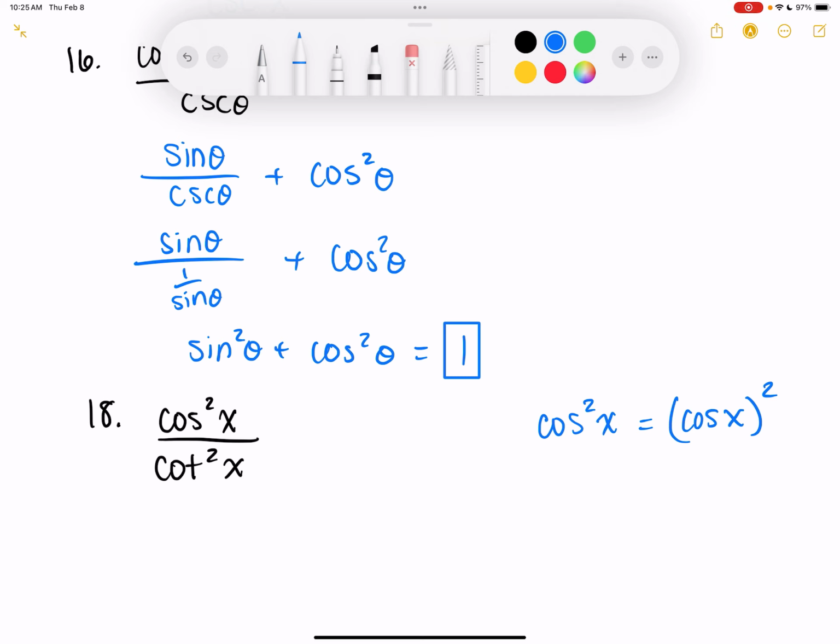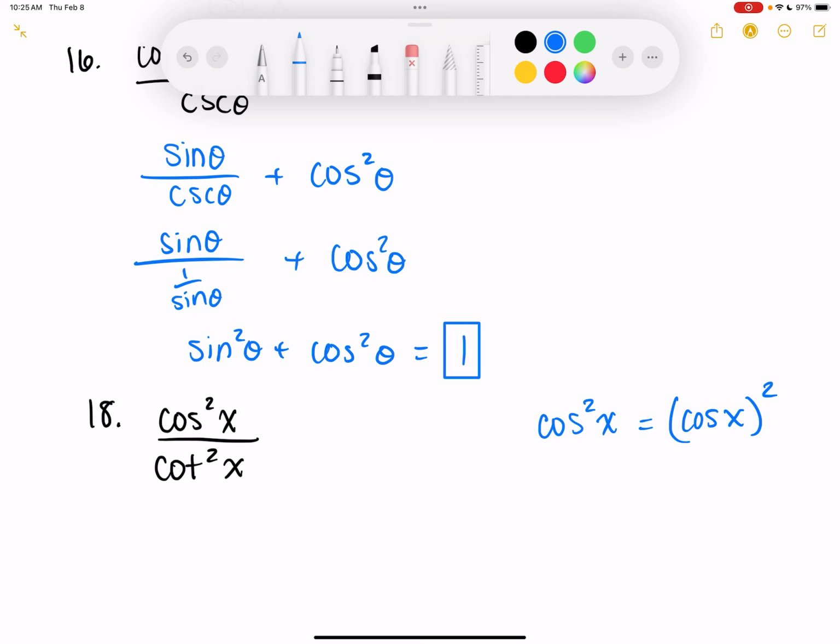All right. So what over here can I maybe rewrite in terms of something else? Could you write the cotangent squared as the 1 over tan, just square the tan?